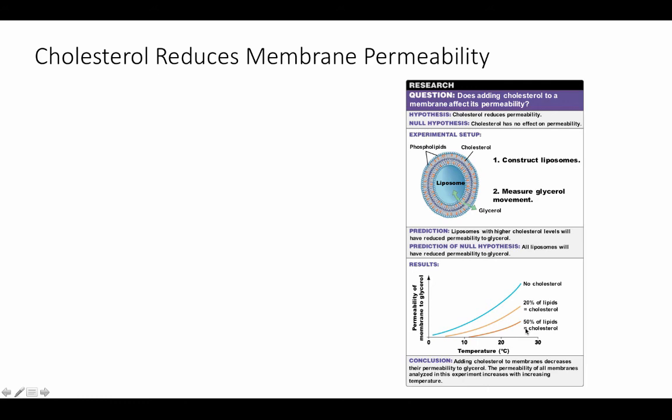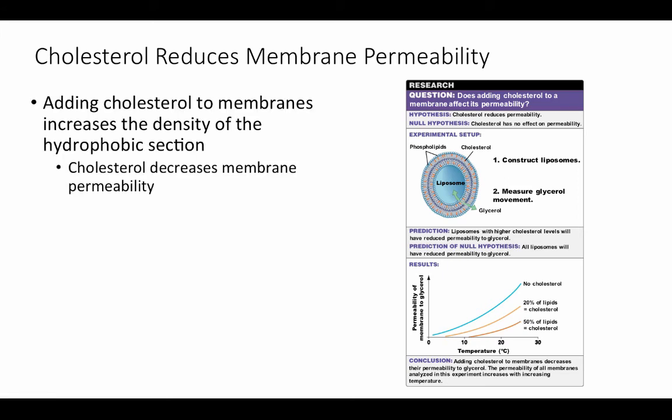So the results are here. When there is no cholesterol, there's very high permeability, and this was done at different temperatures, so the temperature is affecting the permeability, but at all temperatures, the absence of cholesterol led to higher permeability. A small amount of cholesterol gave it a little bit less permeability, and a larger amount of cholesterol gave it even lower permeability. So what's the reason for that?